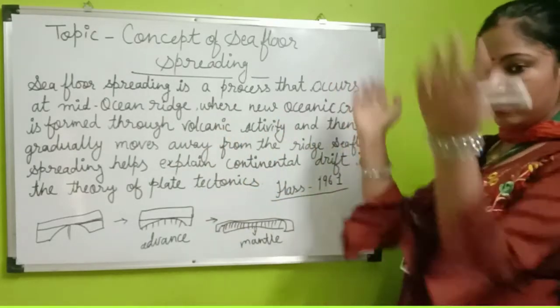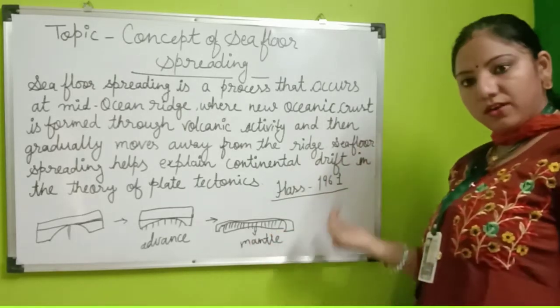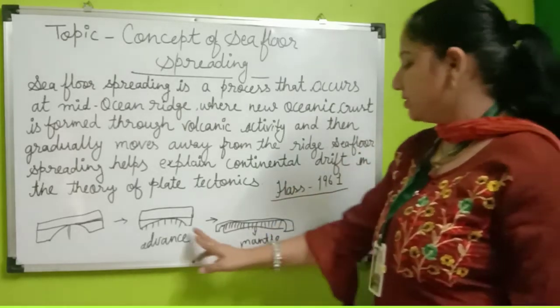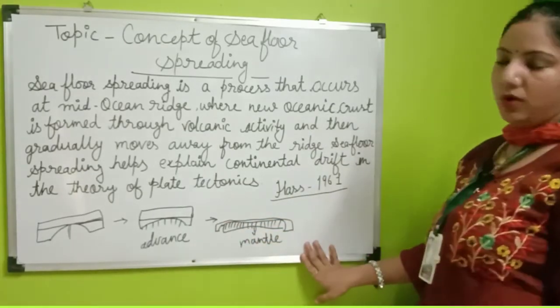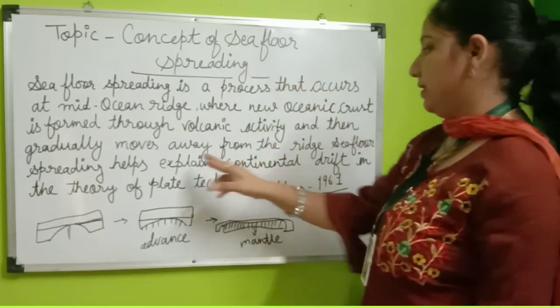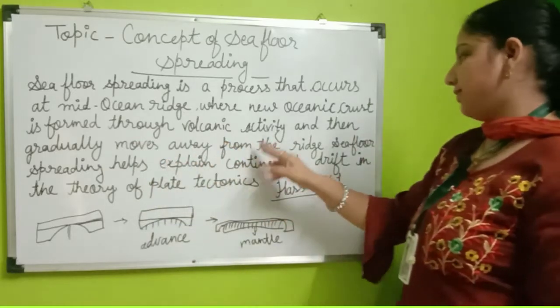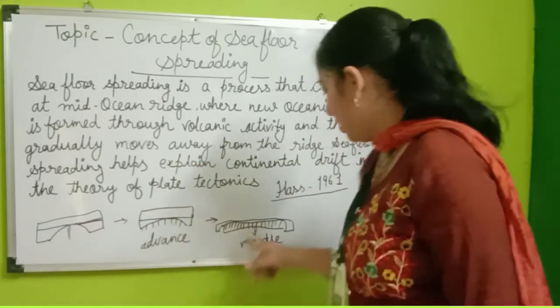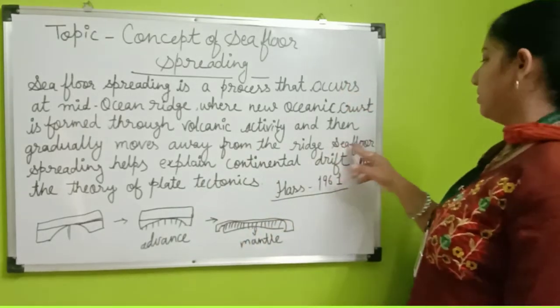As the volcano bursts and the magma comes out, it forms a thin layer of crust and makes a new concept, that is the concept of seafloor spreading. See, gradually it moves away from the ridge. It is the ridge and it is moving away from that ridge.